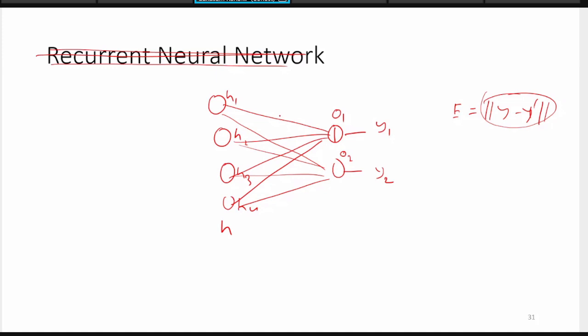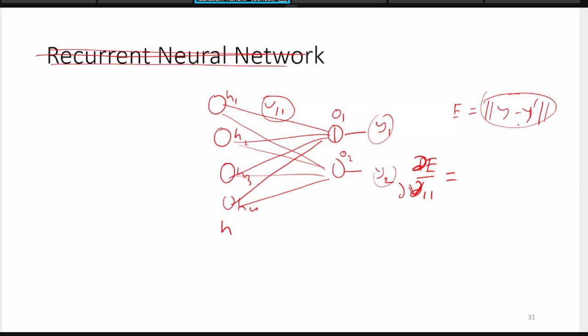What I want to calculate is V11, so I want to take the partial derivative of E with respect to V11. But E depends on the outputs Y1, Y2, not directly on the V11 that I want to estimate. Then how do I do that?